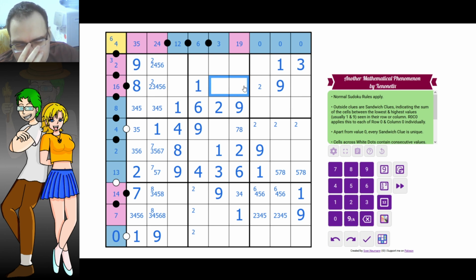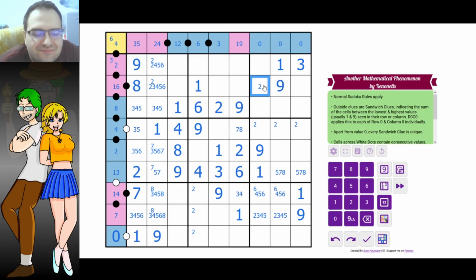No. Or 6, 8. And we already have a 6 and 8, so that's not a 2 here. This is actually limited. Interesting. So we don't have a 2 here to work with. So we have to work with 3, 4, 5, 6, and 7, because we cannot have a 2 here, and we cannot have an 8 here.